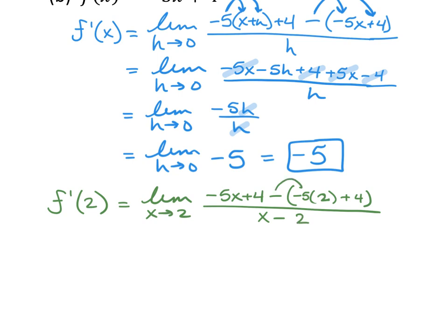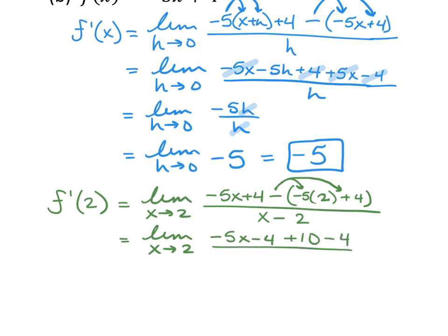We start with this distribution and a little bit of cleaning up some algebra or some computations. We have the limit as x approaches 2 for negative 5x plus 4 plus 10 minus 4 over x minus 2. What cancels out here?